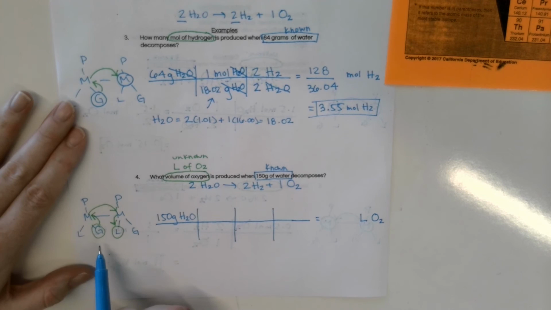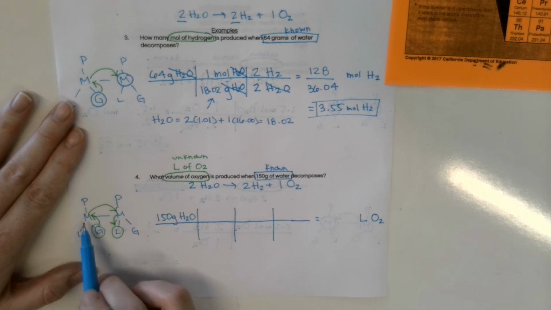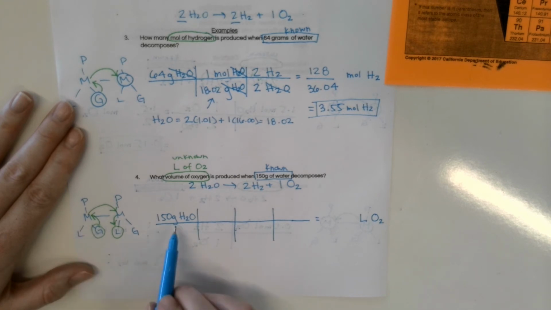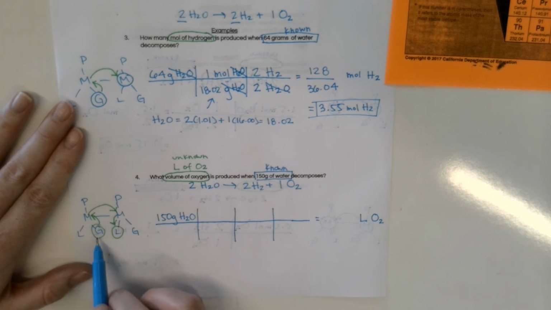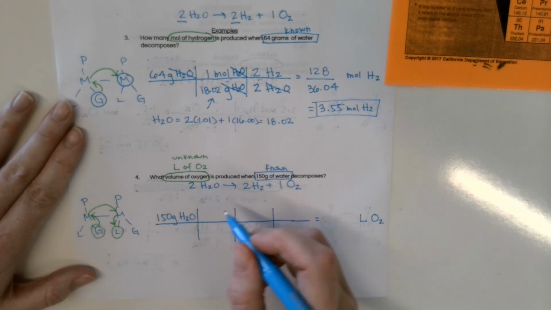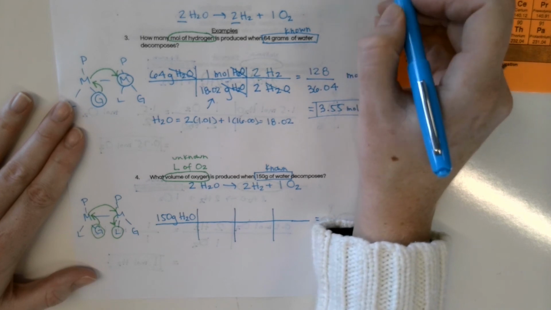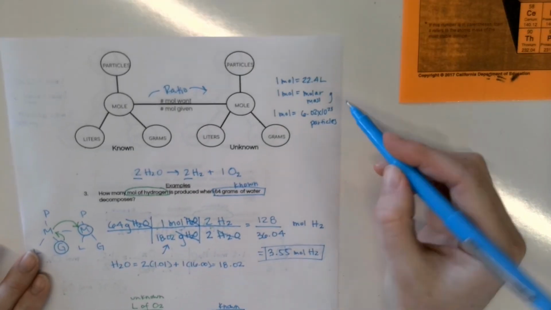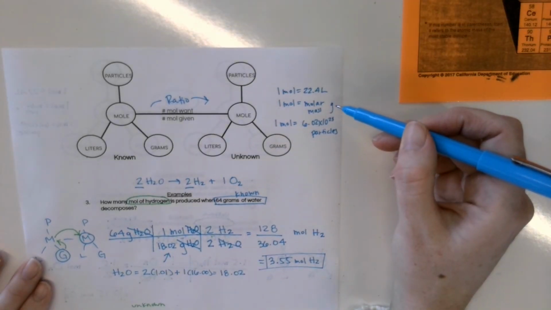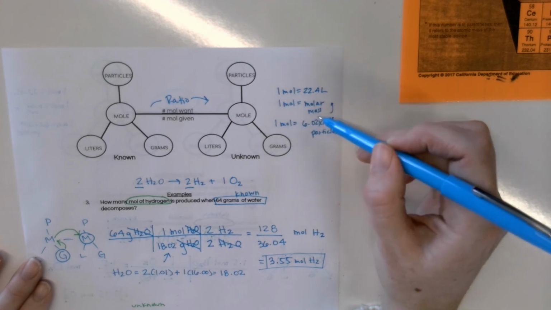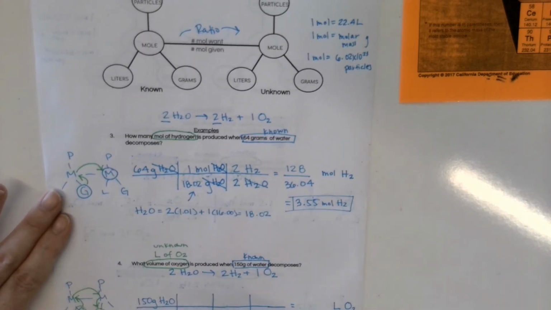Okay, so following our map, I need to go from grams of water to mole of it, because I'm still on this known side. And if I'm given grams of water, I need to go to mole of water. So remember also that whatever you're starting with, get rid of it. So if we're starting with grams, it means we're going to have to use this conversion factor.